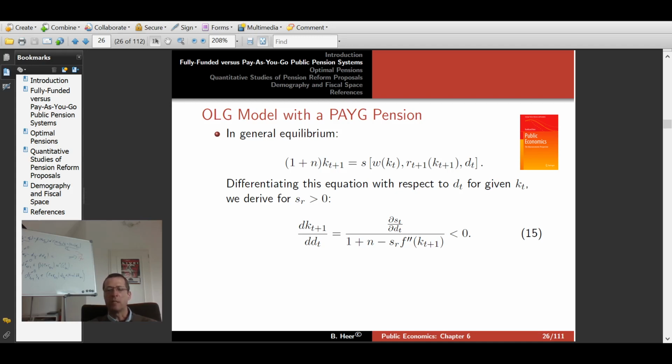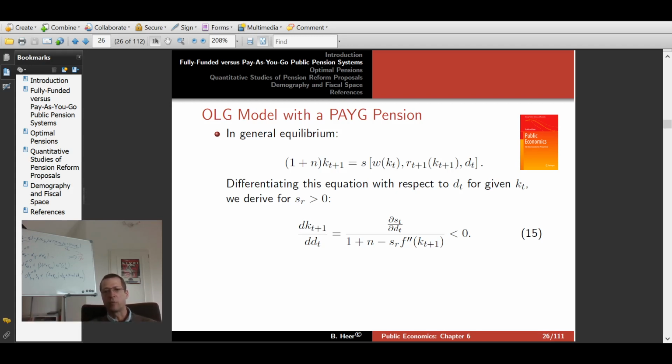So SR is the partial derivative of savings with respect to the interest rate, and f'' is the second derivative of the production function with respect to the capital stock.